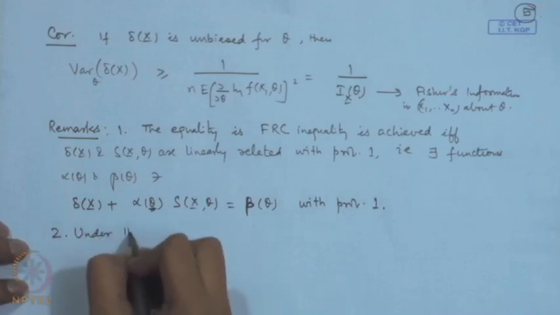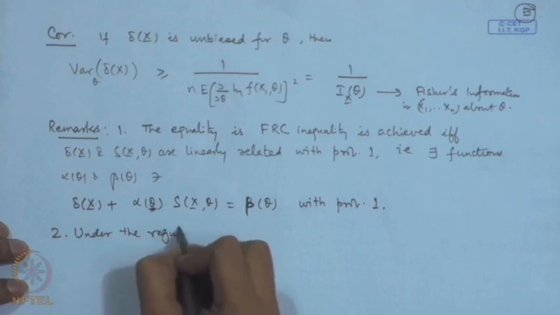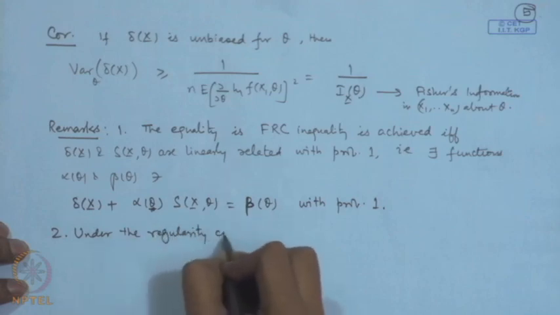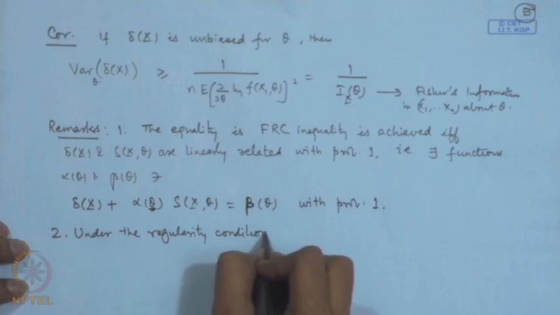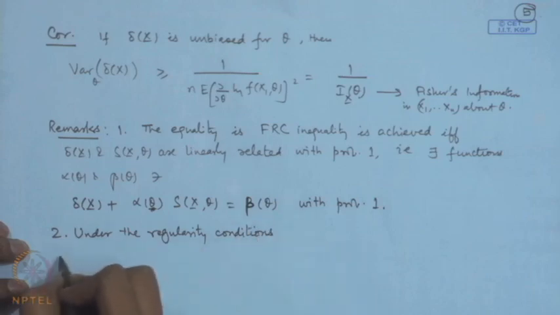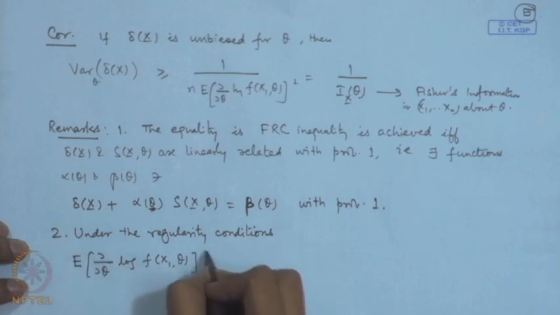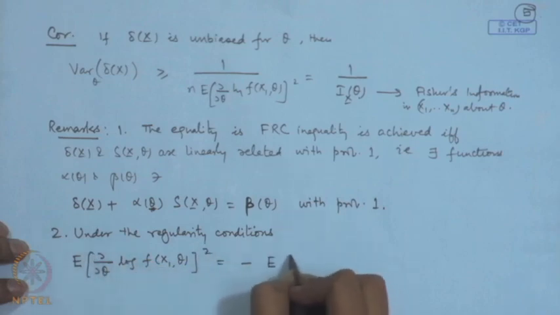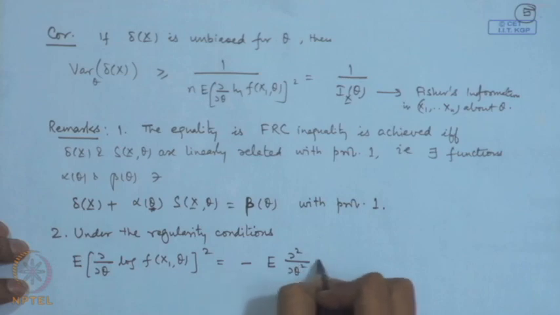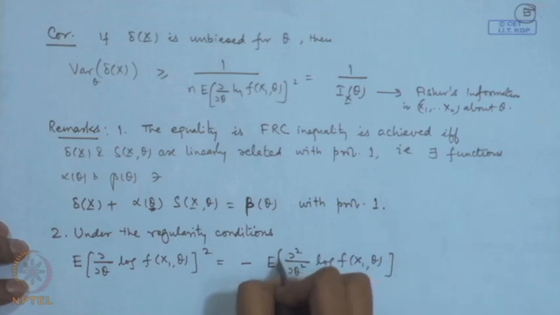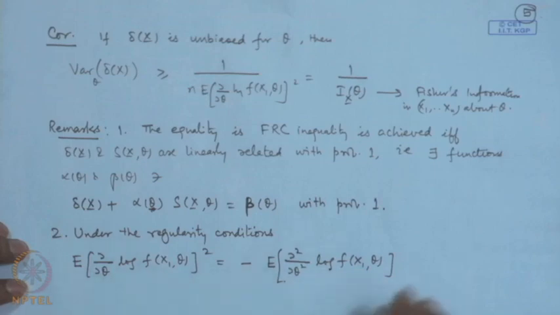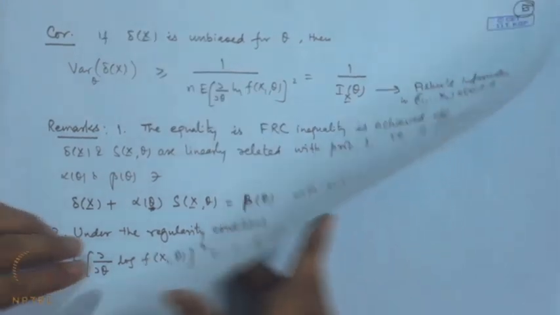Under the regularity conditions, expectation of (del by del theta log of f x theta) square is equal to minus expectation of del 2 by del theta 2 log of f x theta. So, let us look at the proof of this.